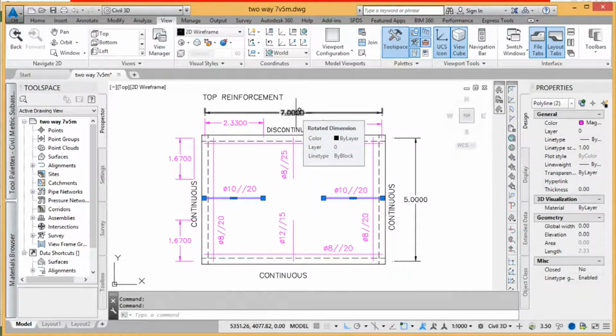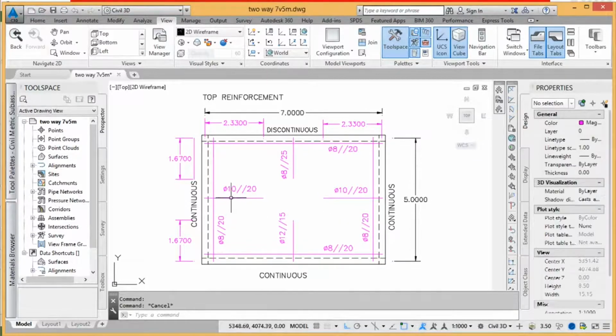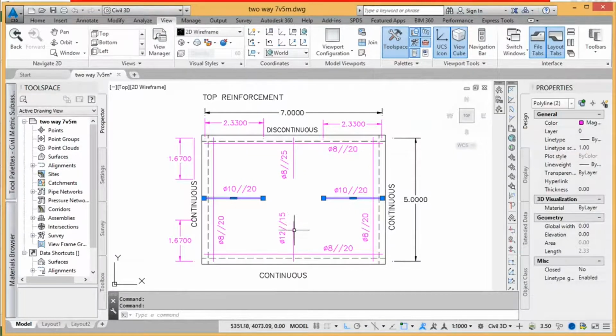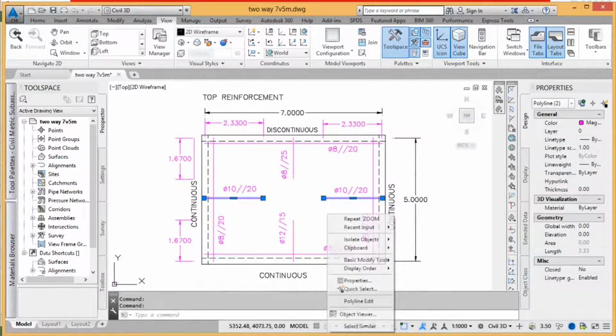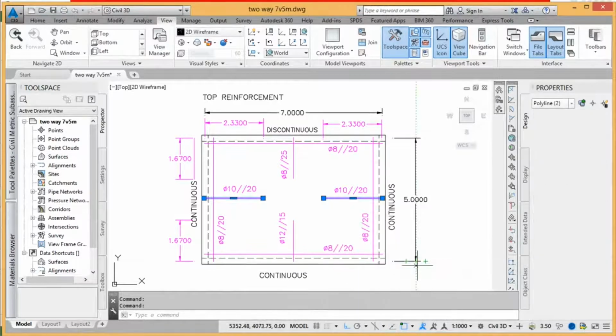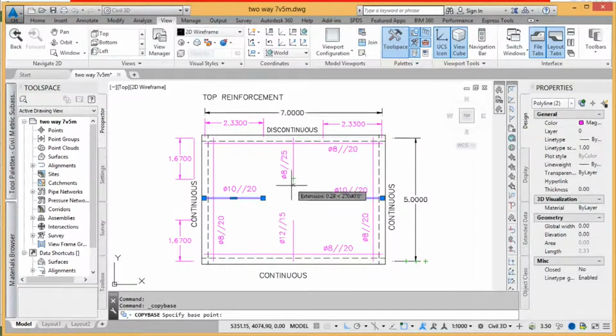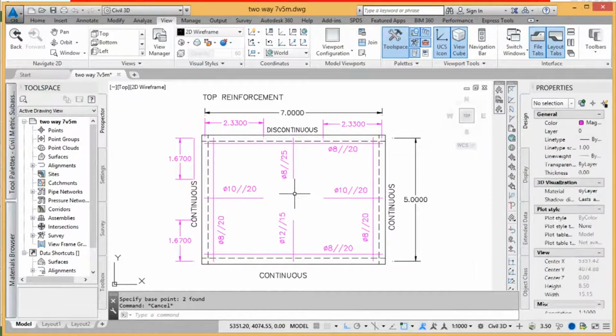So 7 divided by 3 gives us 2.33, and it will cover all this side, and here too this will cover all the 5 meters. Diameter of 10 spaced by 20.